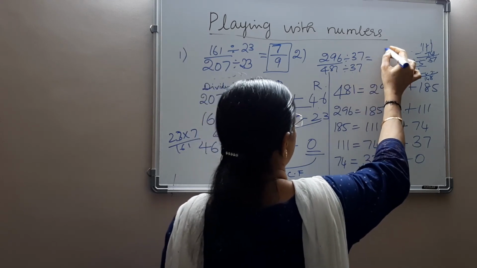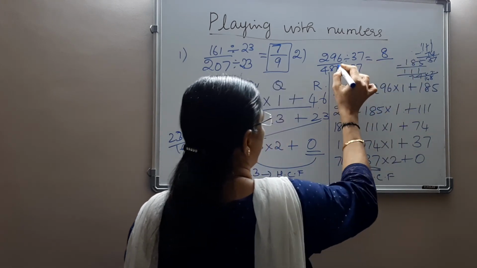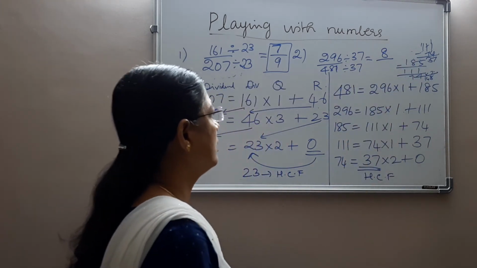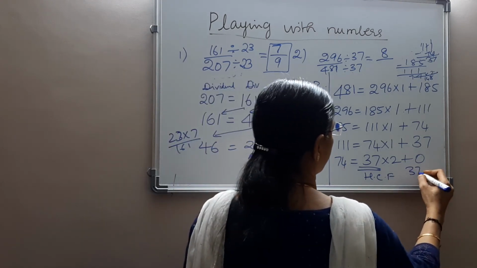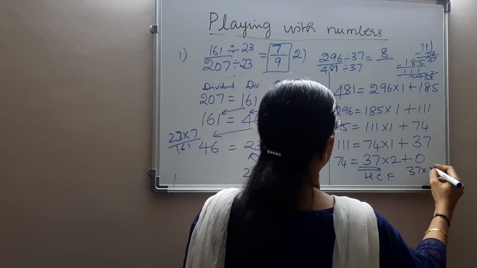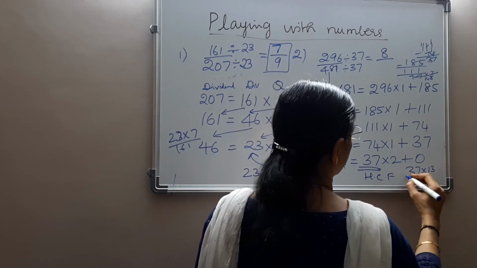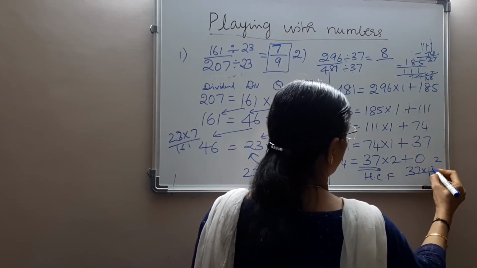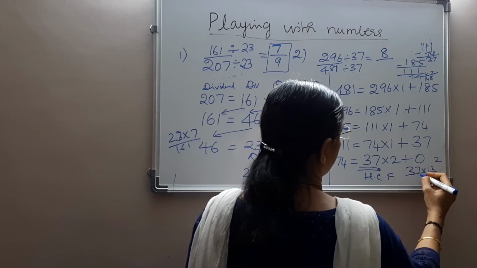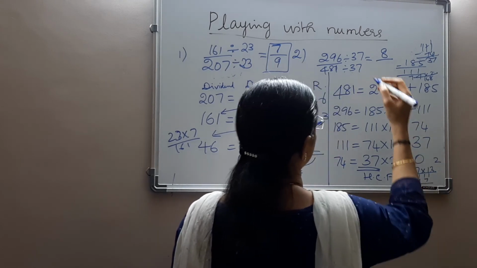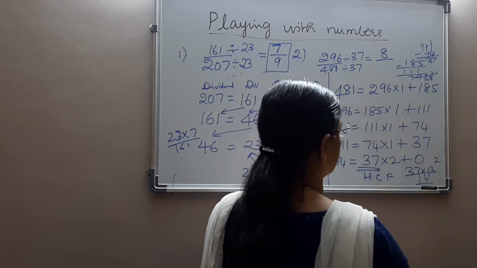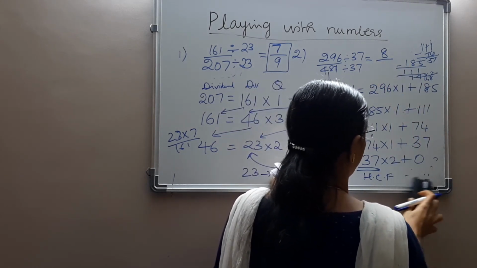Yes, perfectly 296. And for 481, 37 into 13 is 481.